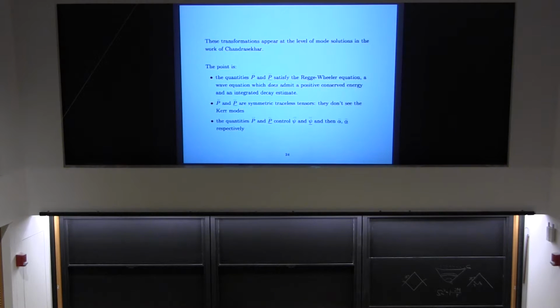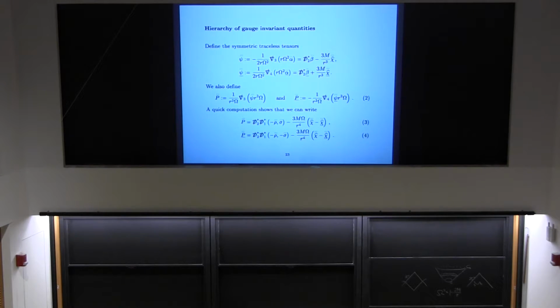And moreover, they're symmetric traceless tensors, so they don't see the L equals 1 spherical harmonics. So decay for these quantities is in particular also consistent with these Kerr modes. And the last important point is that once you've proven decay for p and p bar, you can use this hierarchical structure, these transport structures.